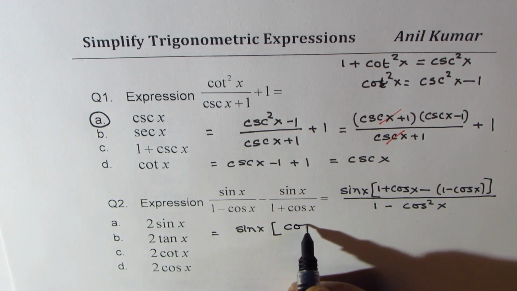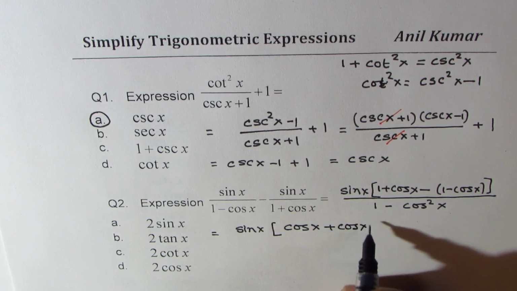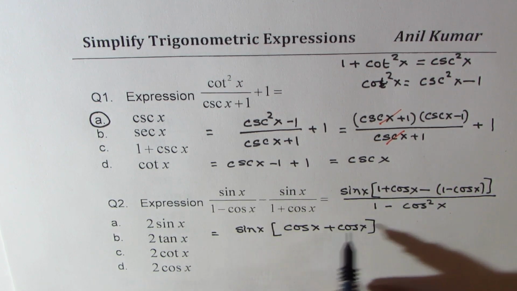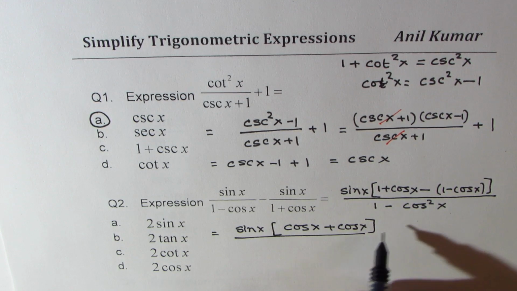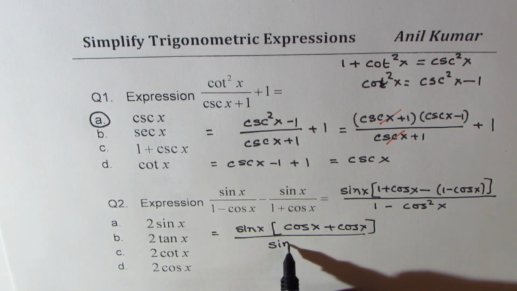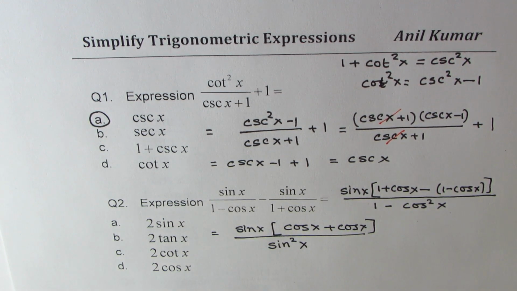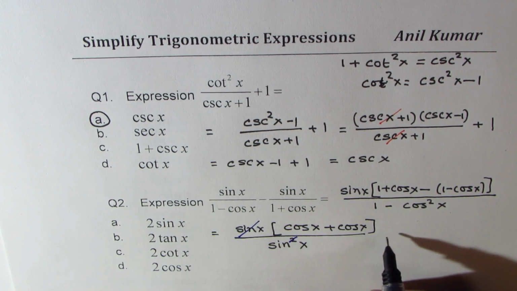So what we get here is cos x plus cos x. Correct? 1 minus 1 is 0, 2 cos x. And in the denominator, 1 minus cos square x will give you sin square x. So you could always cancel one of the common factors of sine from the numerator. Correct? So what are you left with?